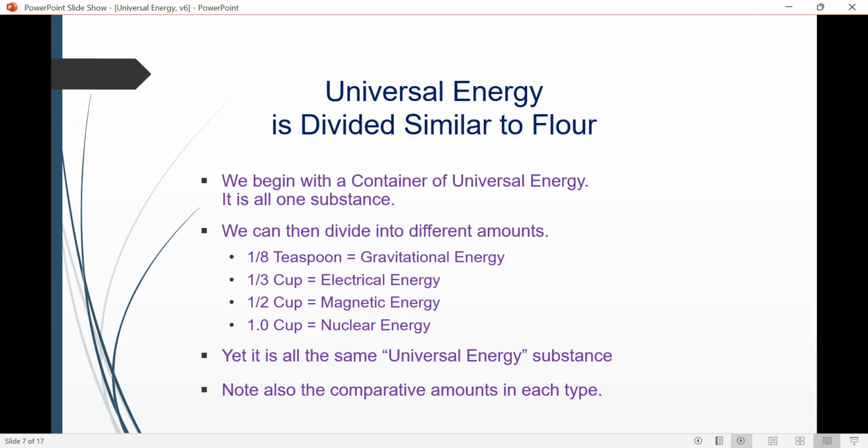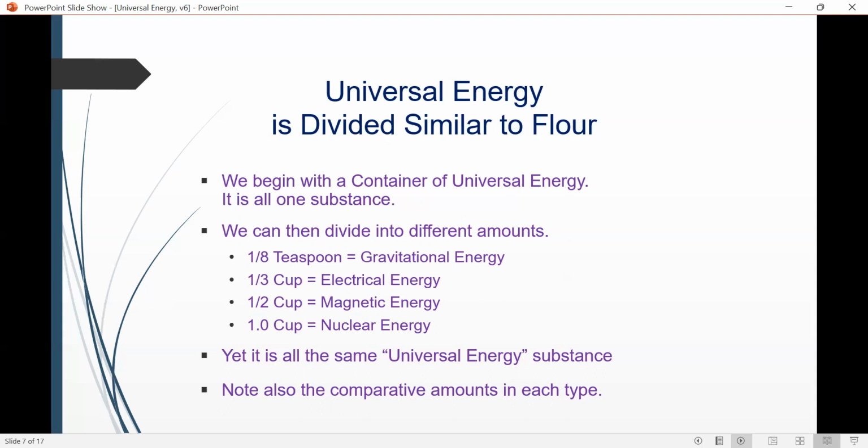So for example, 1/8 of a teaspoon of universal energy becomes gravity. 1/3 of a cup of universal energy becomes electricity. 1/2 a cup of universal energy becomes magnetism. And a full cup of universal energy becomes nuclear power, nuclear energy.